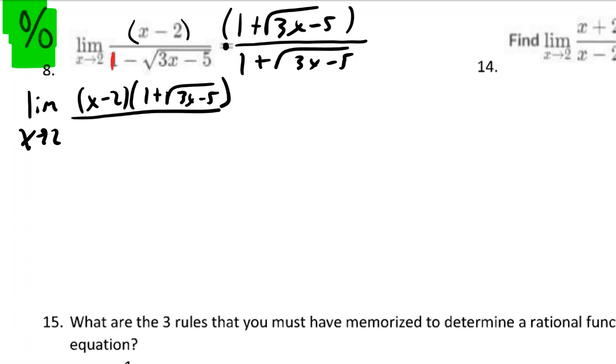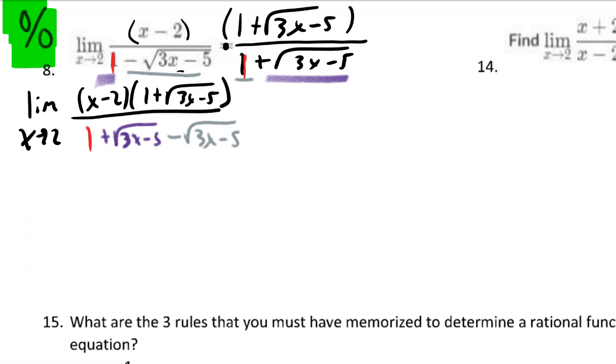So first part of FOIL would be 1 times 1. The outer part of FOIL would be this. The inner part of FOIL would be this.